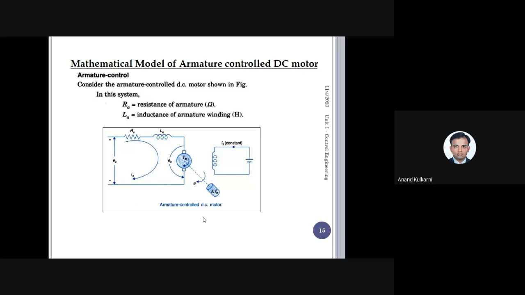And while converting it to AC, they can produce a different frequency as required, because the equation, as I said, is 120 F divided by P. The number of poles, once fixed, you cannot change. So the only way is to change the frequency. Instead of 50 hertz, if I make the frequency 100 hertz, then the speed will get doubled.